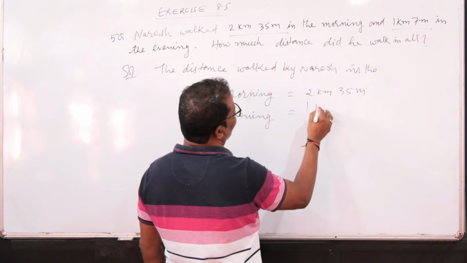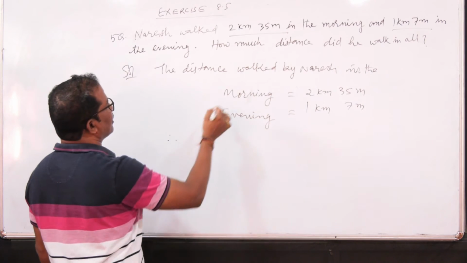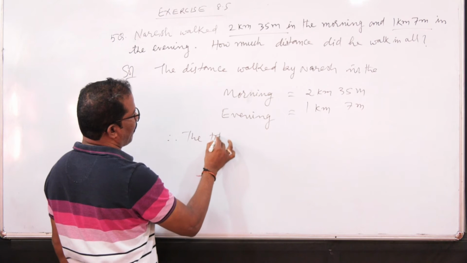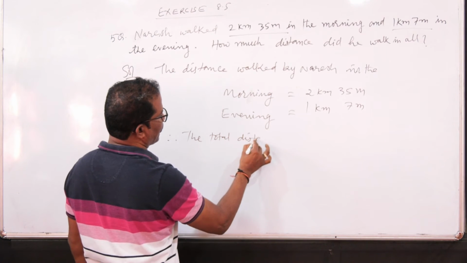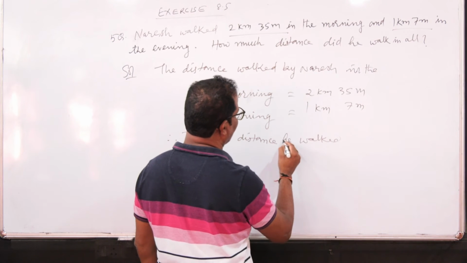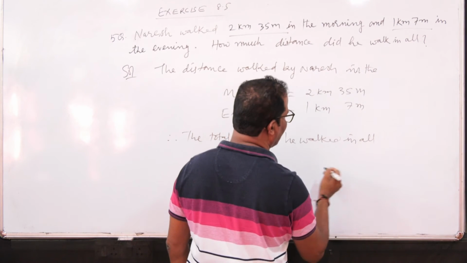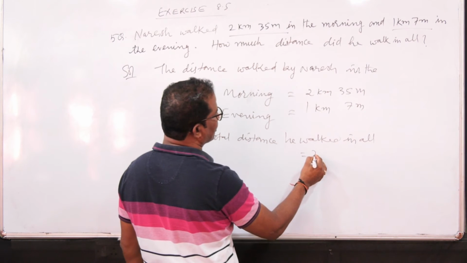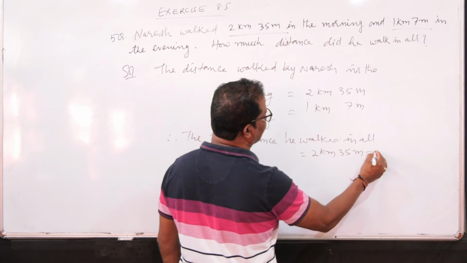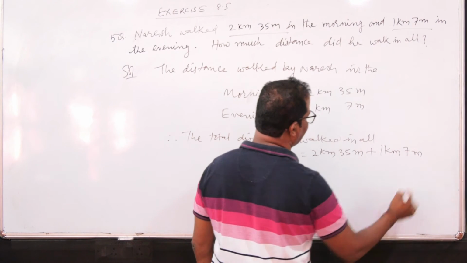That is 1 km and 7 meter. So the total distance he walked in all is equal to both the distances we have to add. That is 2 km 35 meter plus 1 km and 7 meter.